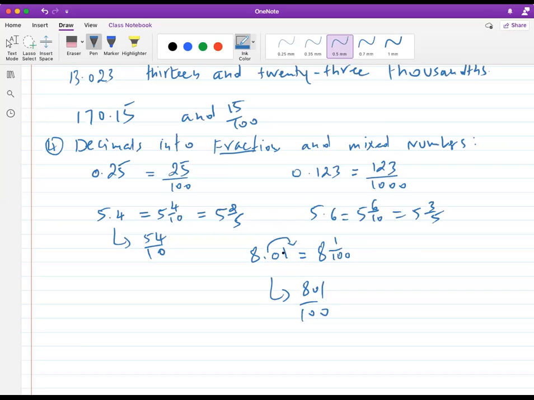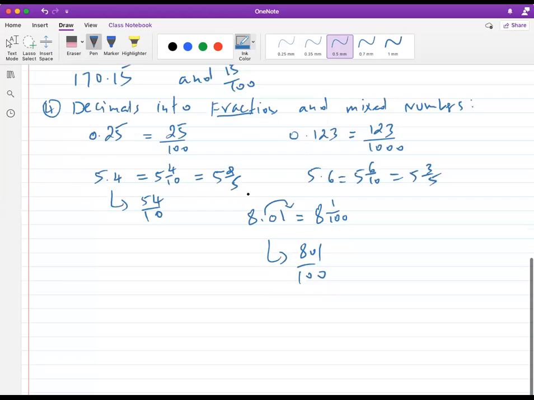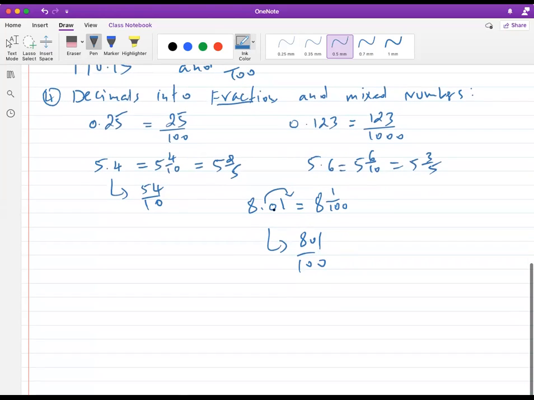Say that part again, Professor. You can either turn this into a mixed number or an improper fraction based on the question. So based on the question, you can turn it into either one of these.